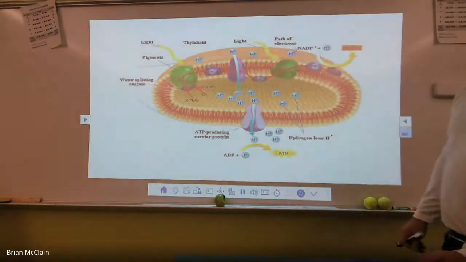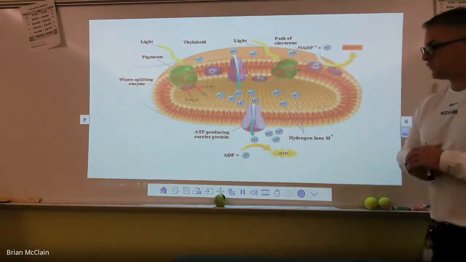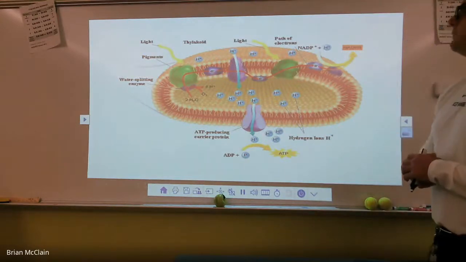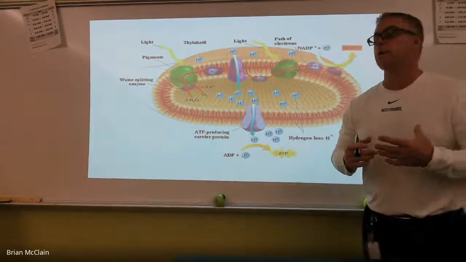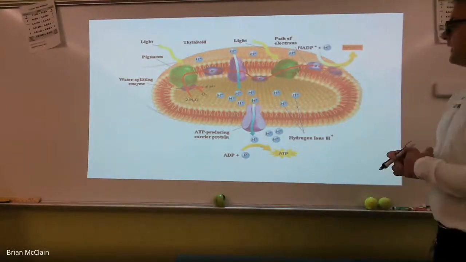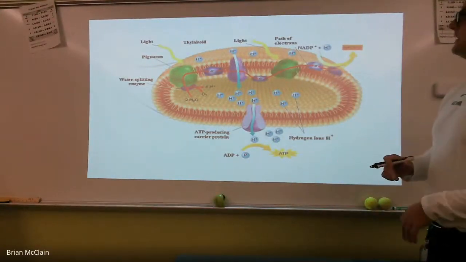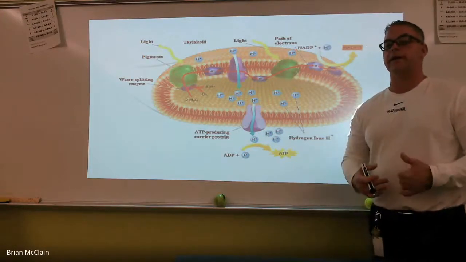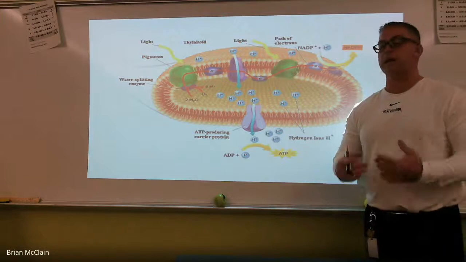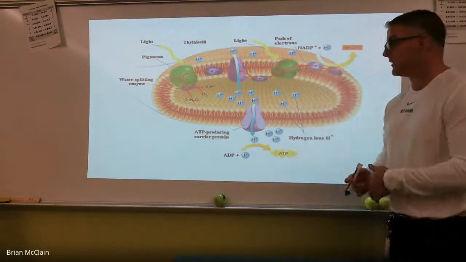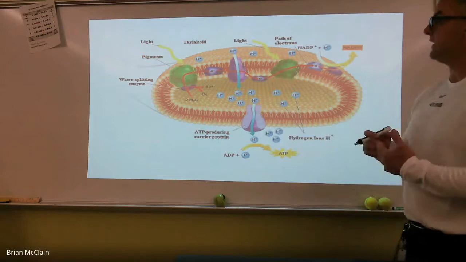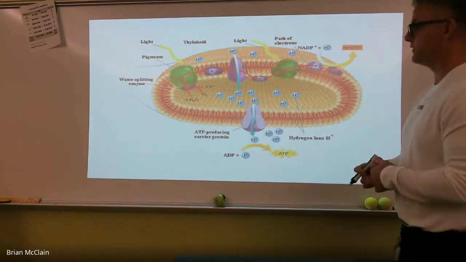Okay. All right. So this image right here is showing us a thylakoid zoomed in. And the connection that I want to make sure that we get is this looks very similar to what was going on in the mitochondria in terms of cellular respiration, electron transport chains. This electron transport chain is obviously specific for the process of photosynthesis.